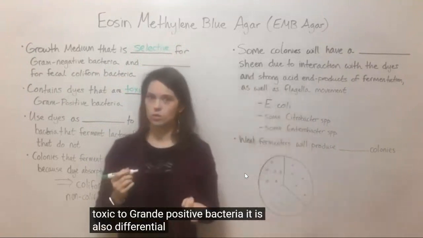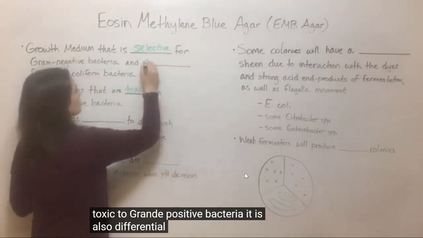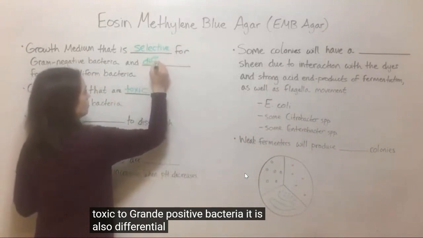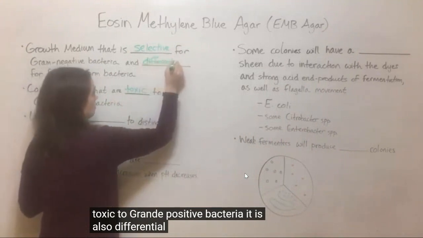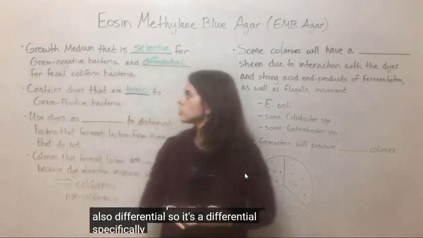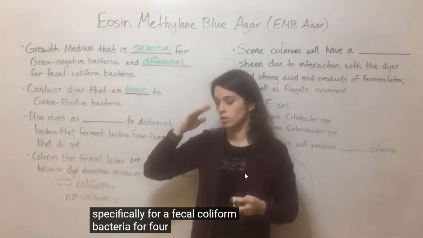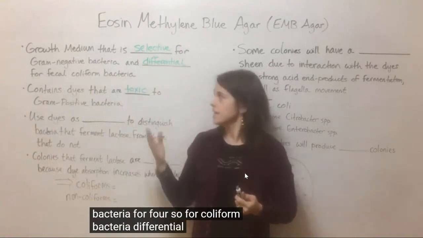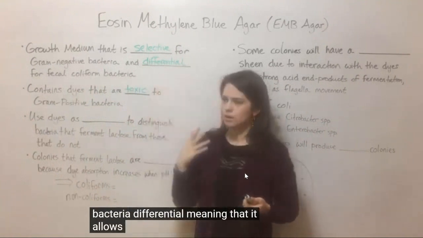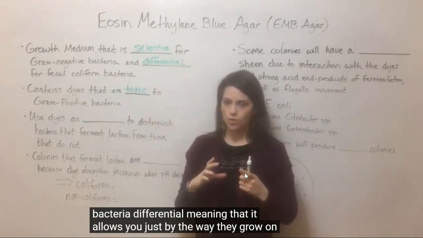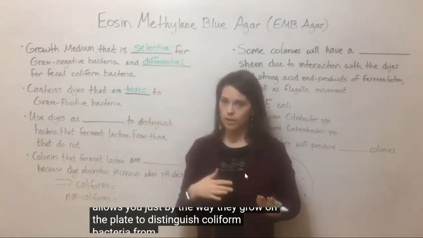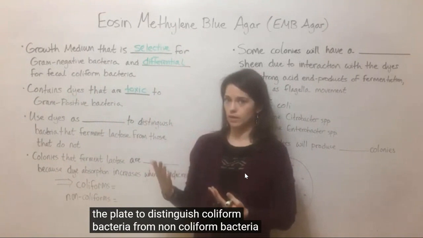It is also differential. It is differential specifically for fecal coliform bacteria, meaning that just by the way they grow on the plate, it allows you to distinguish coliform bacteria from non-coliform bacteria.